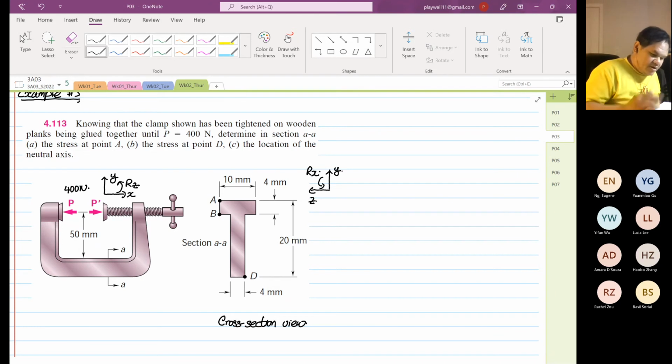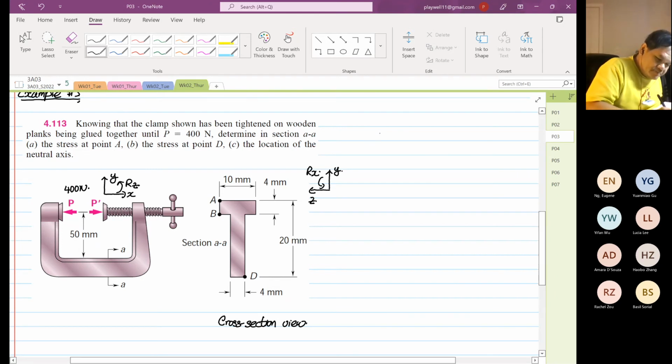So we know that this structure over here is under eccentric symmetrical loading.